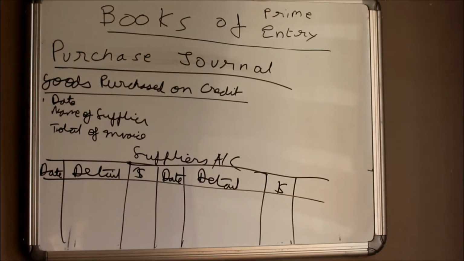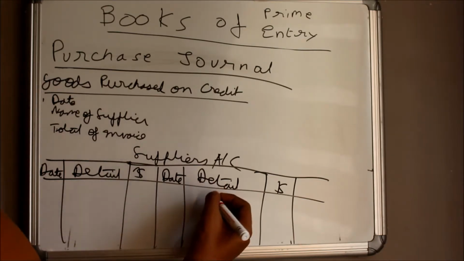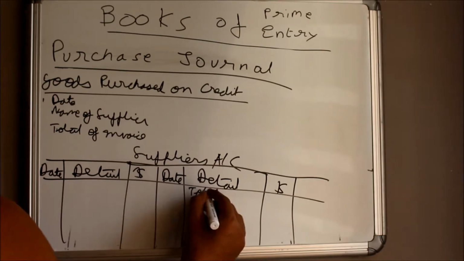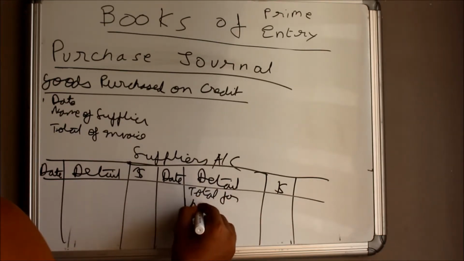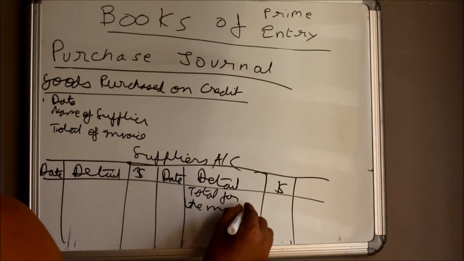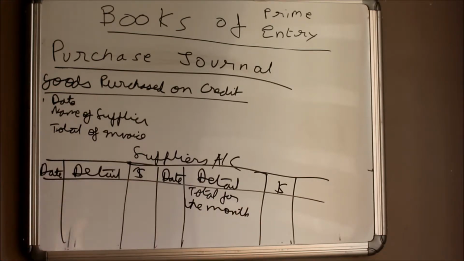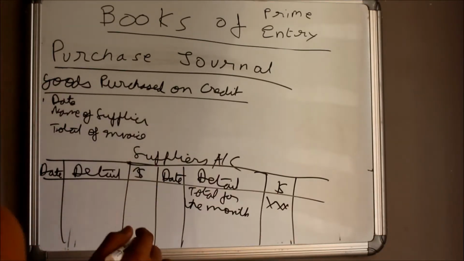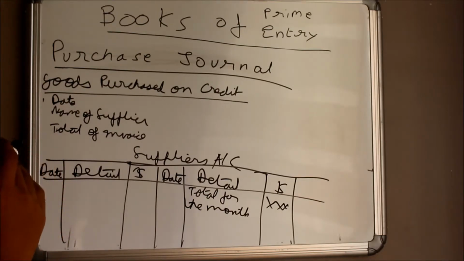So when goods are purchased on credit, on the credit side of the supplier's account, we are going to write total for the month, and this total for the month is actually a list of all the transactions from the purchase journal. So this is the double entry for the purchase journal when goods are purchased on credit.